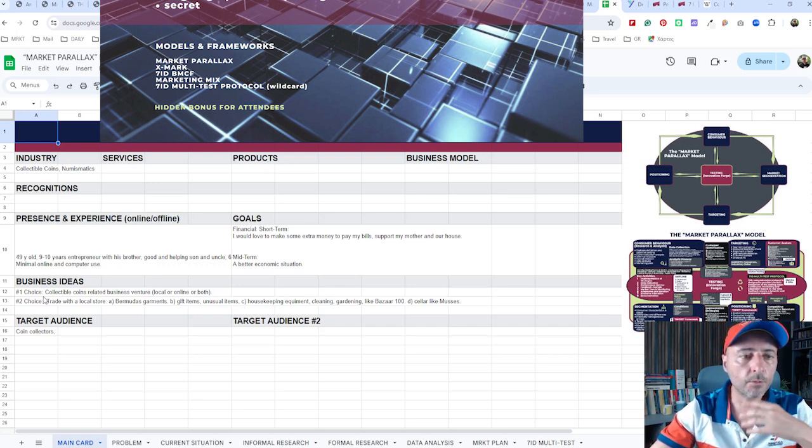And he's also open to other business ideas as well, but now we'll focus on coin collection only. So this is the market parallax model. These are the infographics. Let me show you the page where I analyze the market parallax in so much detail.